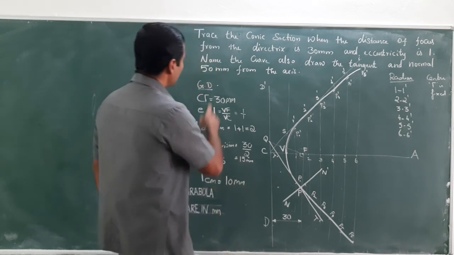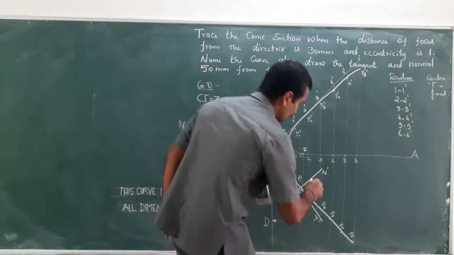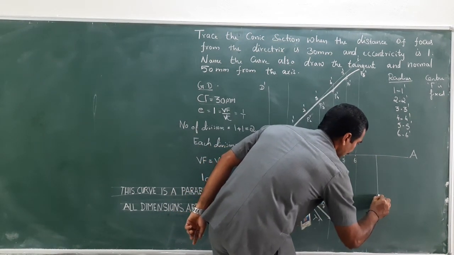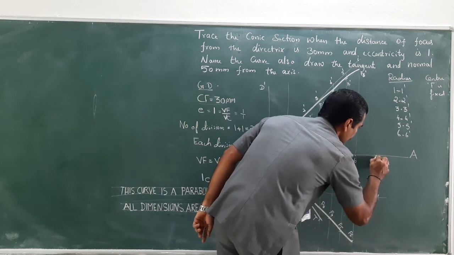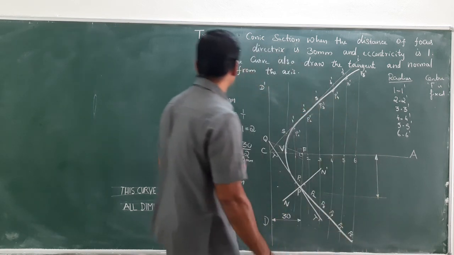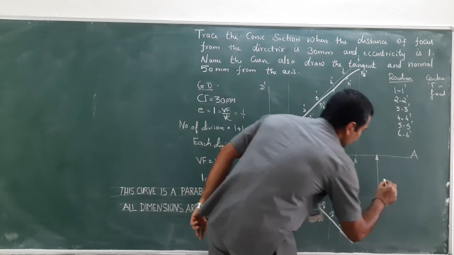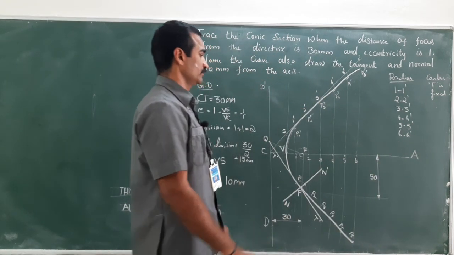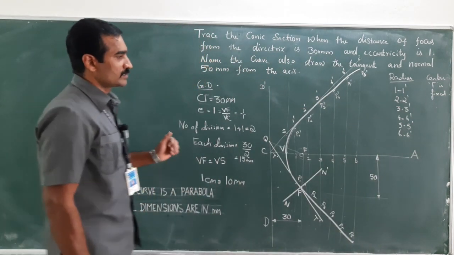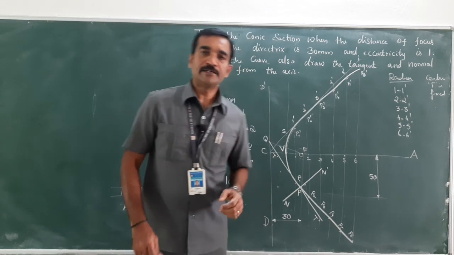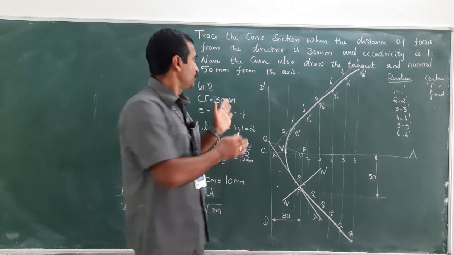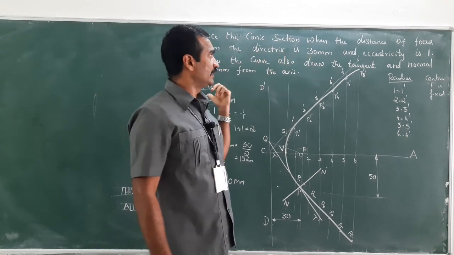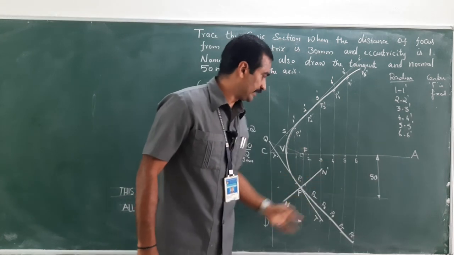Right. Now, 50 mm from the axis. So, draw a line perpendicular to the axis and 50 mm, right? So, 50 mm. Fine. So now, scale plays a vital role here, because based on the question, whatever dimension is given, I have specified here.